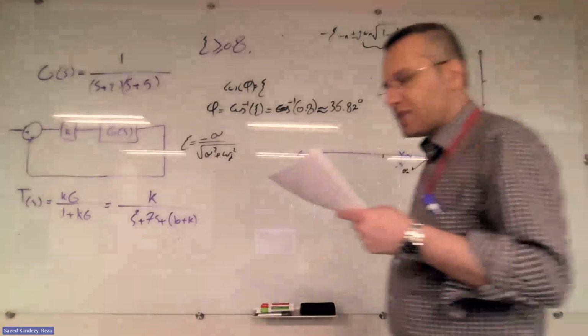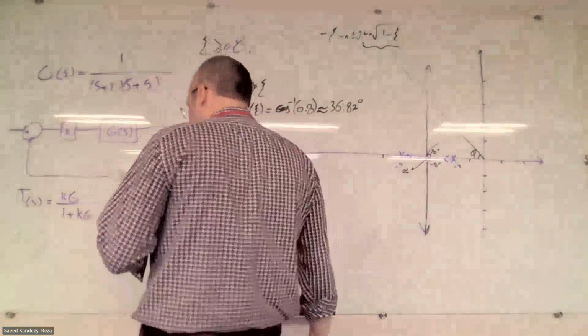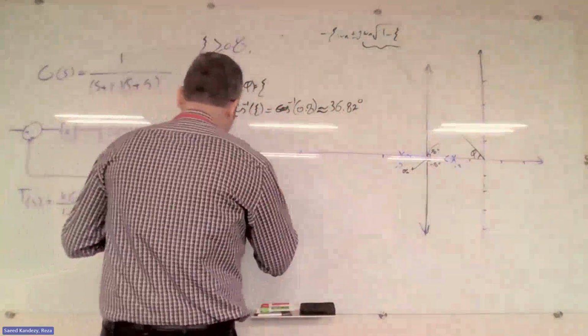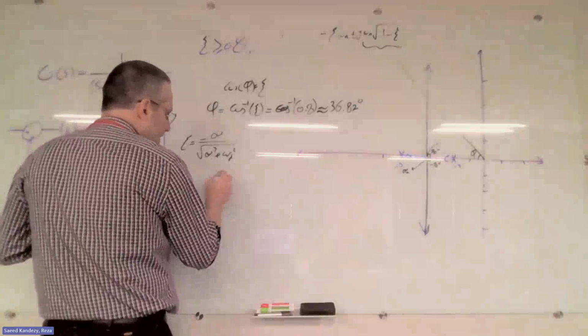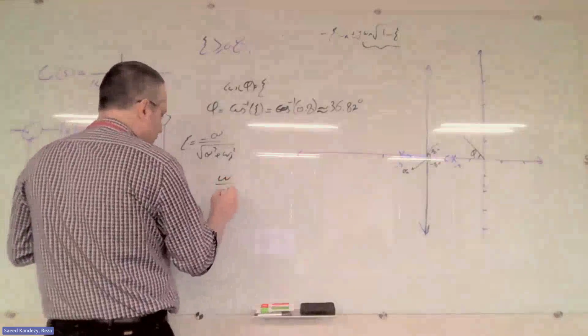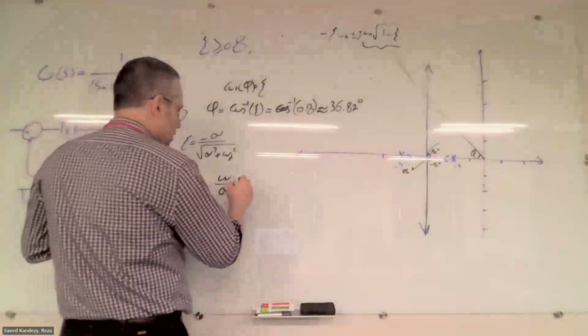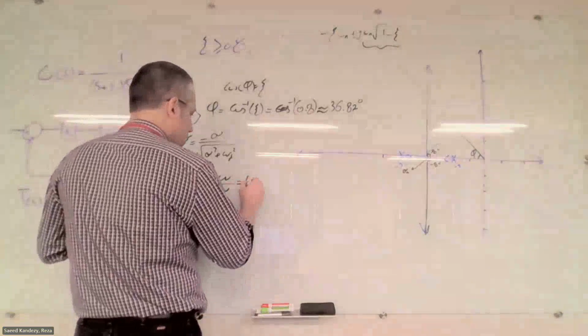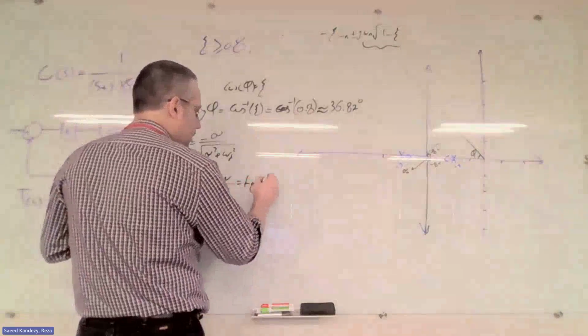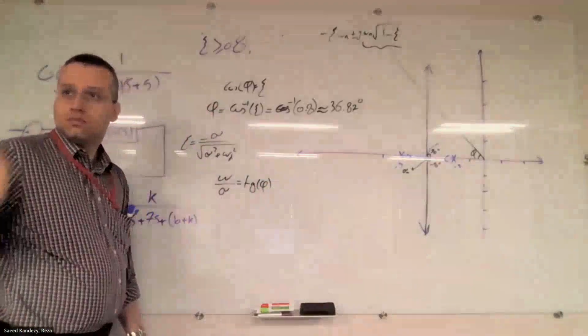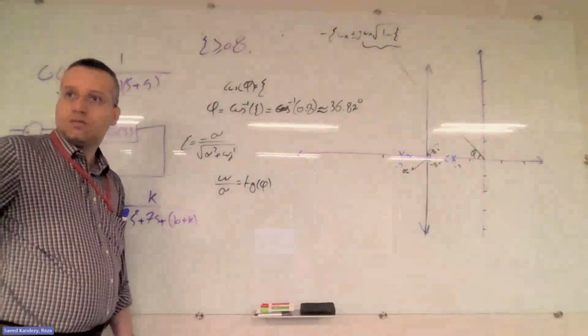So basically that means the imaginary part, let's say omega, over the real part, let's say delta, is going to be the tangent of the phi. Are we good with that?